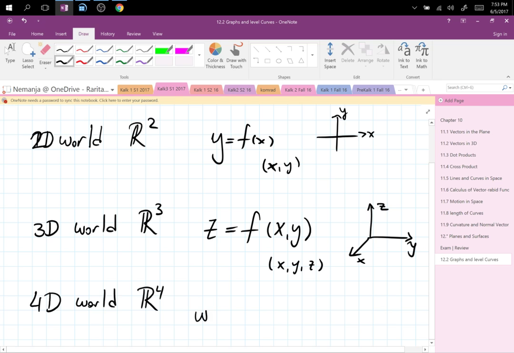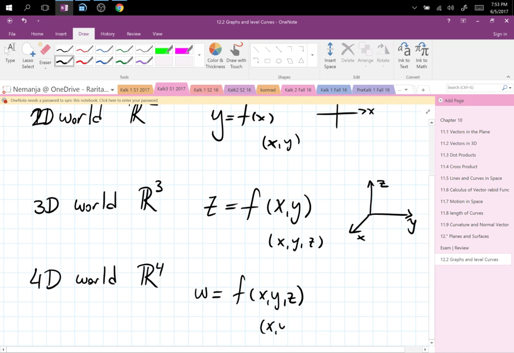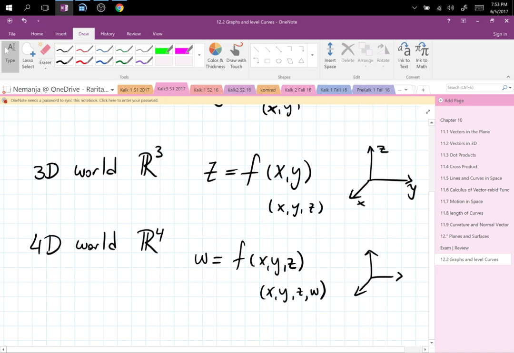Because now I can say, let's say w is a function of x, y, and z, which gives me x, y, z, w as a point. No graph. Or actually, you know what? I'm going to say this plus colors. That's how we do it.